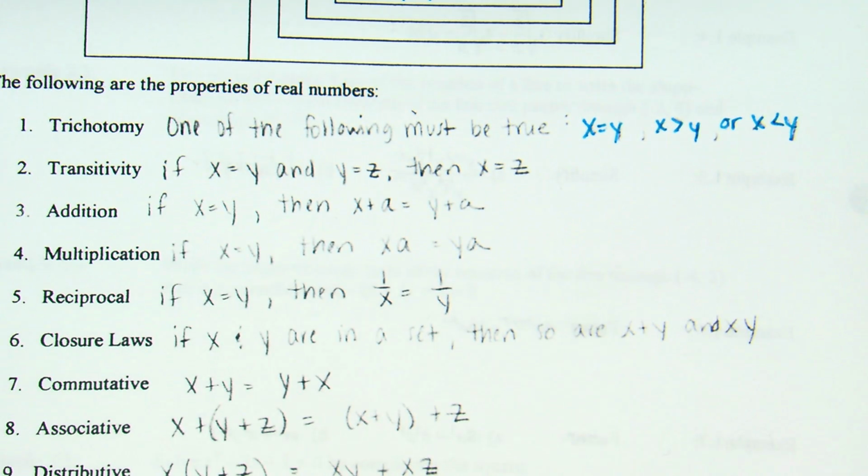So basically if x equals y and you add a to both pieces, they're still equal. Kind of common sense in a way. You just don't think about it this way. Multiplication property, very similar. If x equals y, then xa equals ya. So if x equals y, then x times a is the same as y times a. Reciprocal property. If x equals y, then 1 over x has to equal 1 over y.